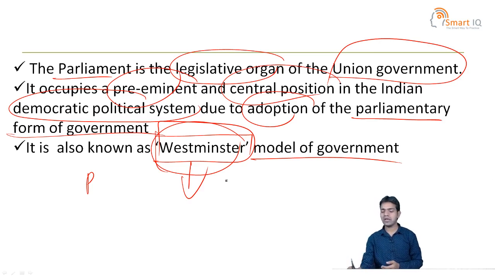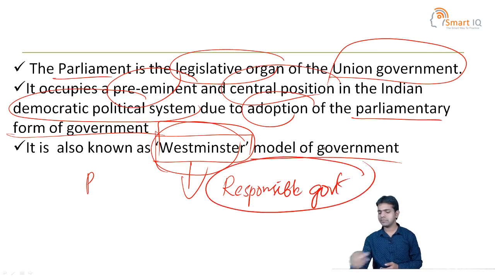It is also called the responsible government. Why is it responsible? You know that already. The fundamental principle of the parliamentary form of government is that the executive is responsible to the Lok Sabha.